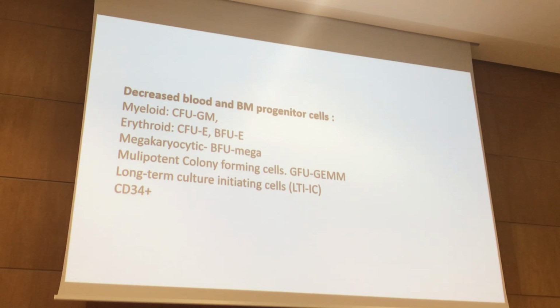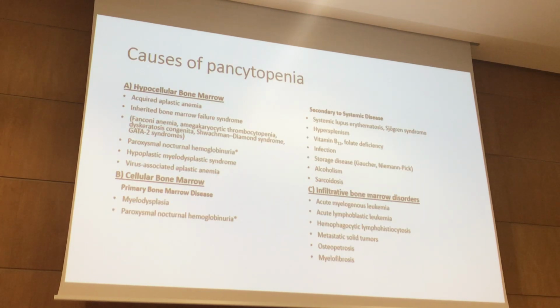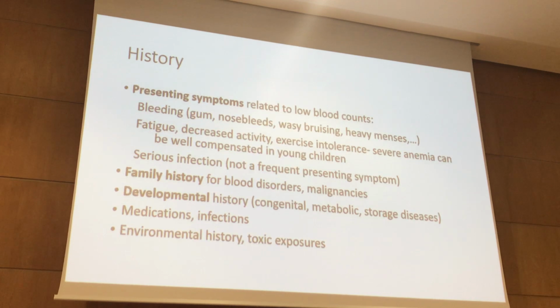All these precursors of the cell lineages can be affected by those attacks. So this is a table that I had shared with you previously. It may be due to hypocellular bone marrow, or in the case of acellular bone marrow, or it may be due to infiltration of the bone marrow.